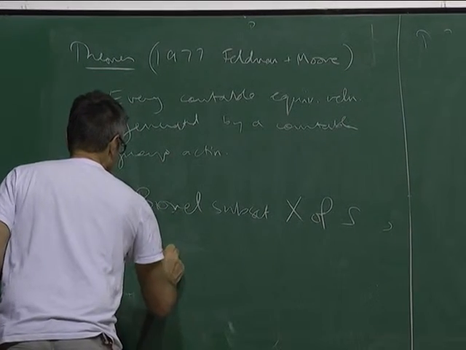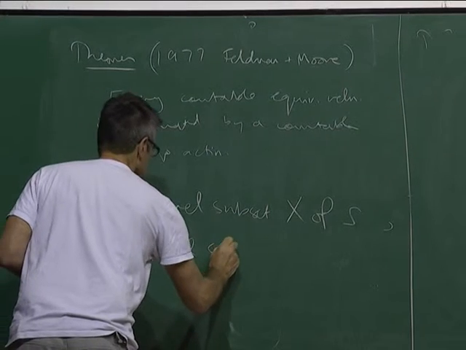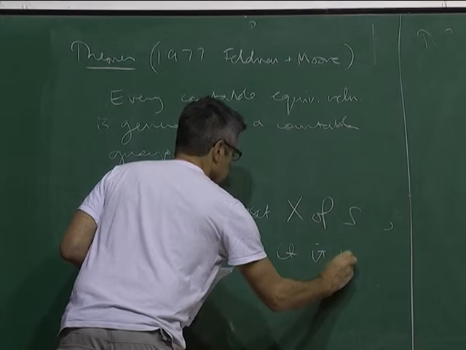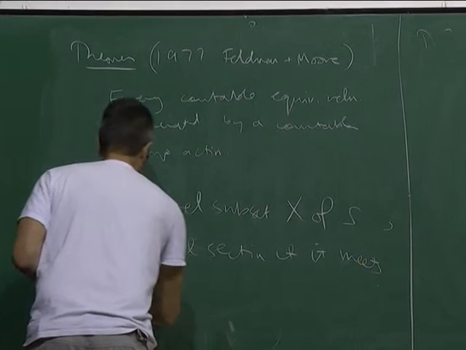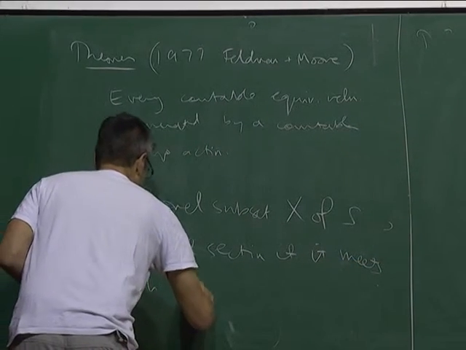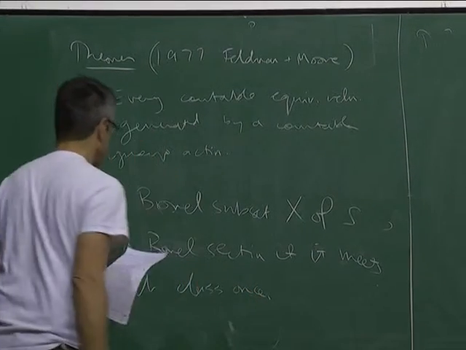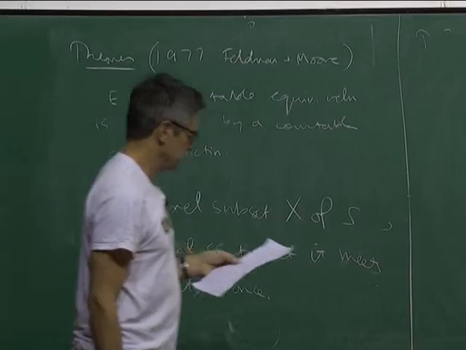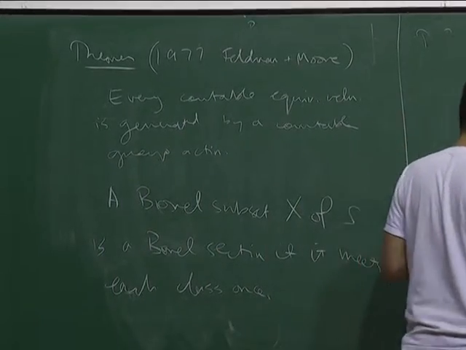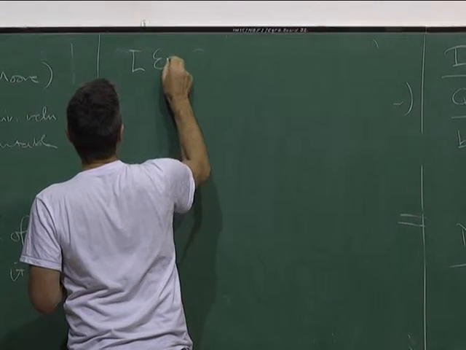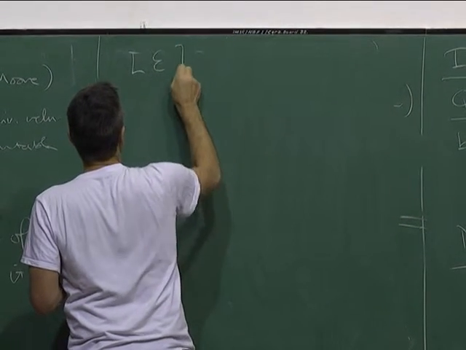A Borel section means it meets each equivalence class once. I'm going to use some notation.